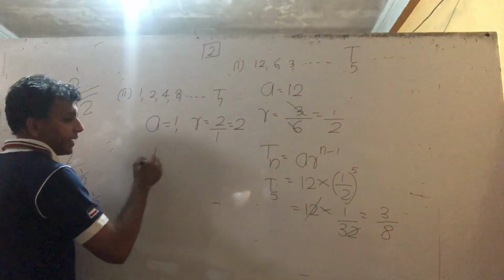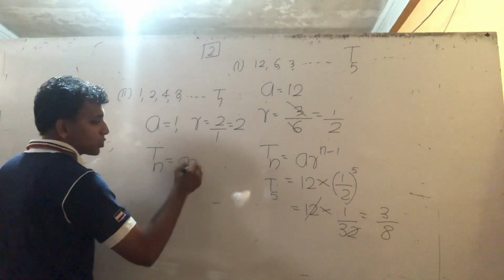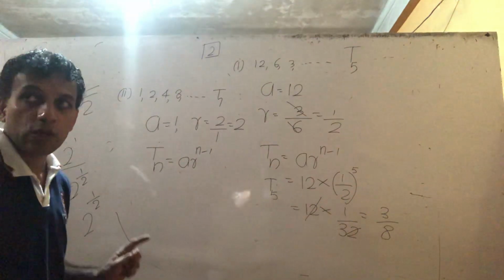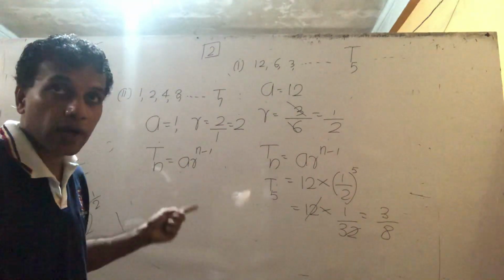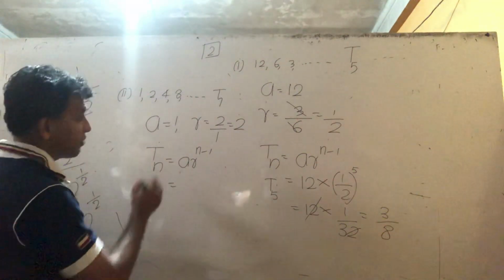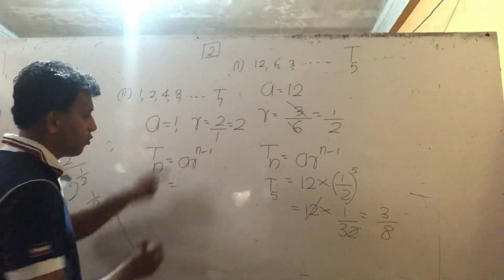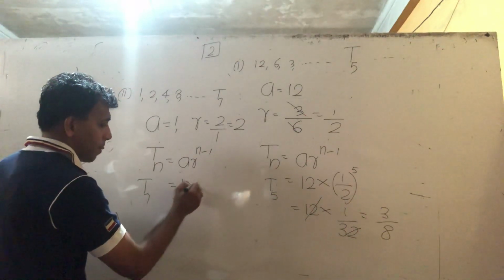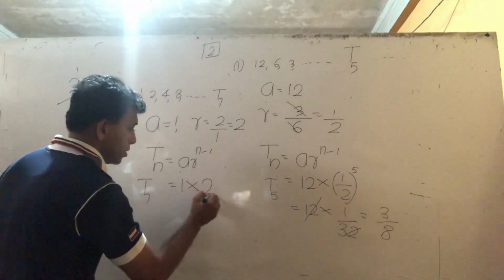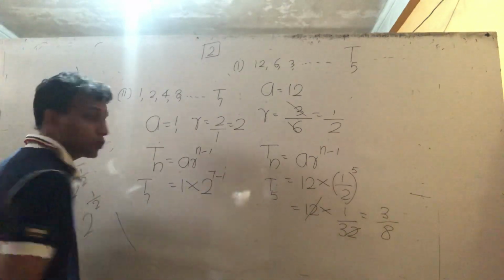So now write the nth term formula. Tn equals a r to the power n minus 1. Now substitute. The question is to find the seventh term. So a is 1, r is 2, to the power n, which is 7, minus 1.